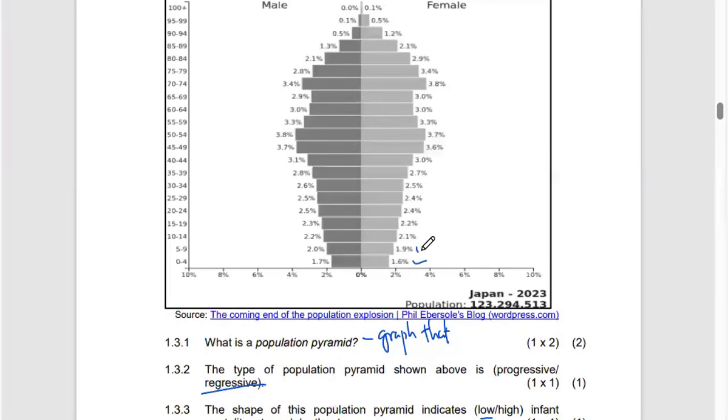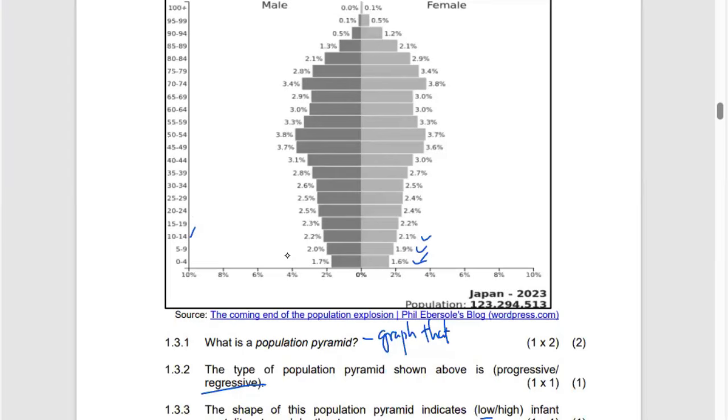Then again, we have 1.9 from the age group of 5 to 9 years. Then again, we have 2.1, for us to reach 14, because our highest mark is the 14 mark. So we want from 0 to 14, which means we encompass 1.6, 1.9, 2.1.